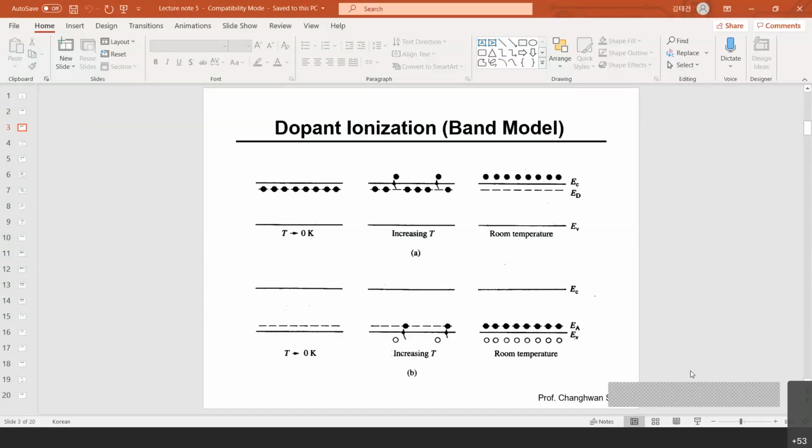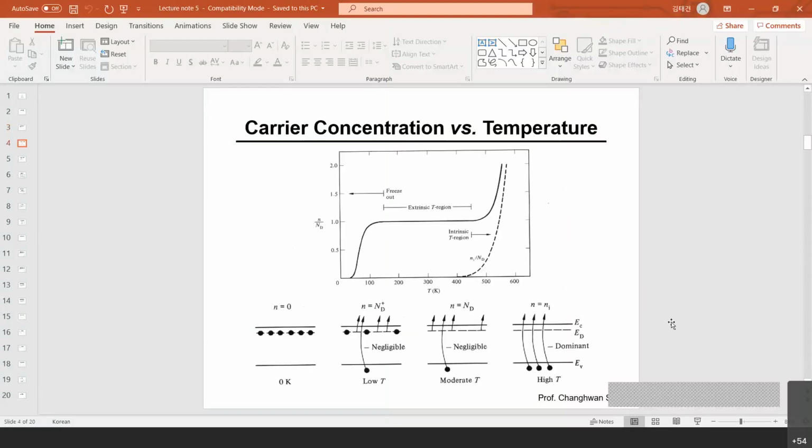Here we have illustrated how dopant atoms are ionized within a silicon crystalline material in an energy band diagram. Depending on the temperature, dopant atoms are ionized, and newly created free electrons and free holes exist in the conduction band and valence band respectively. We drew a figure showing electron concentration n divided by N sub D, the doping concentration, as a function of temperature.